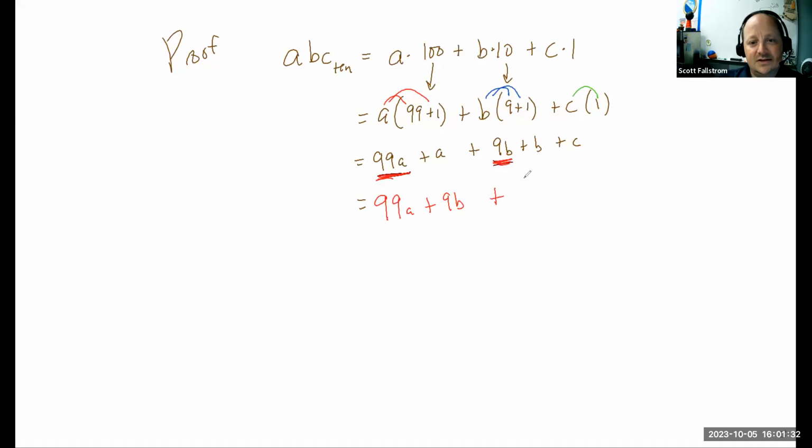Plus what's remaining, which is all the single digits, A plus B plus C. Now you can factor a 3 out of this, or a 9, because both go in evenly. So you can say 3 times 33A plus 3B, plus A plus B plus C.